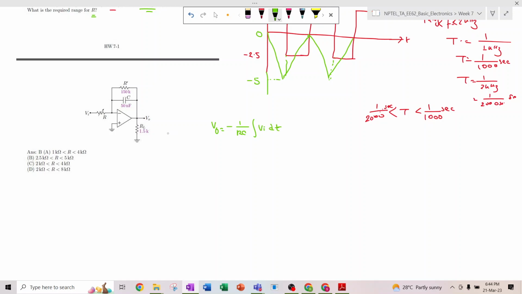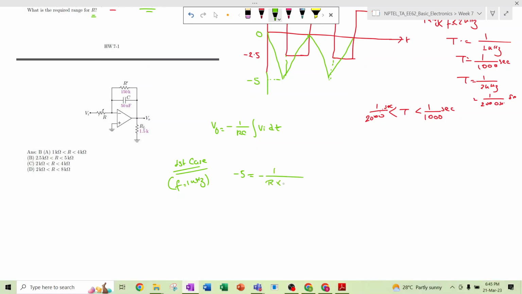For the first case, f equal to 1 kilohertz, v0 is minus 5, equal to minus 1 divided by RC.